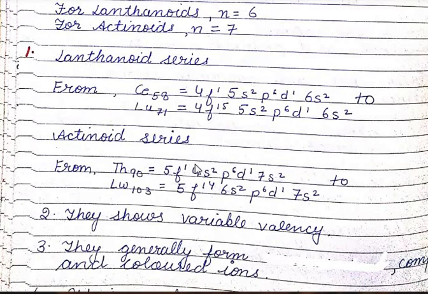This is 14. And for actinoids, thorium has 5f1, 6s2 6p6 6d1, 7s2, up to 5f14, 6s2 6p6 6d1, 7s2.